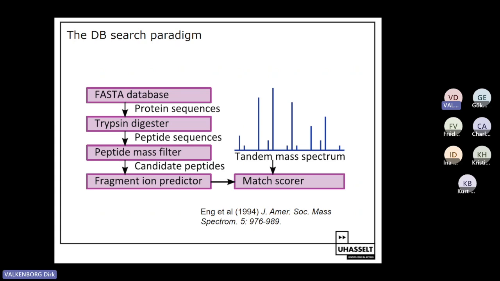These candidates will then be fragmented also on the computer, so that we have virtual fragmentation spectra, and we will compare these virtual fragmentation spectra with our actual tandem mass spectrum, and we will compute a goodness of fit score. And if this goodness of fit score is above a certain threshold, we say that seems a pretty good peptide to spectrum match, and we call that tandem mass spectrum to be associated with a certain peptide sequence.